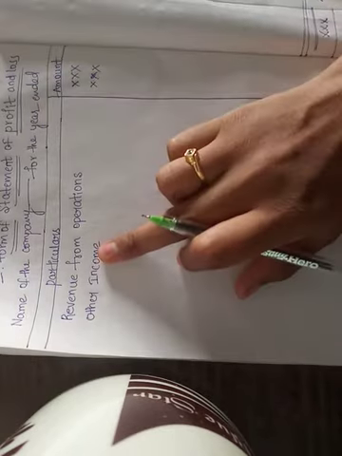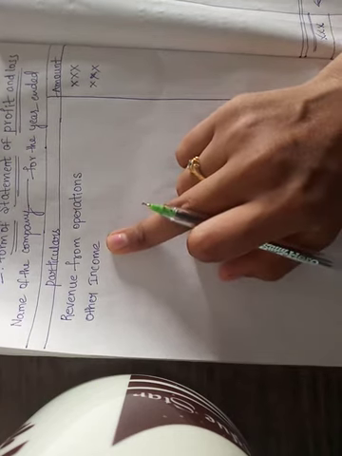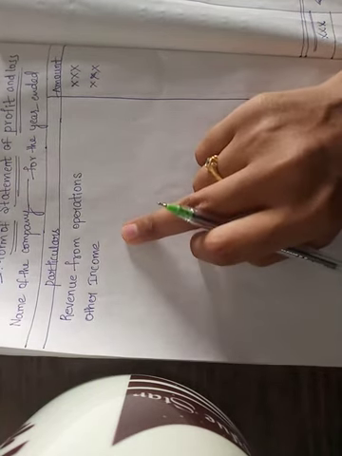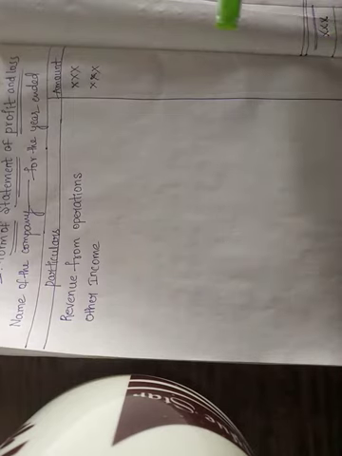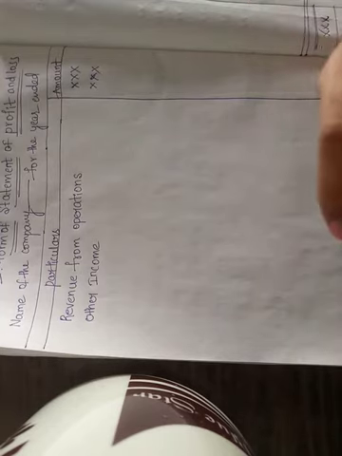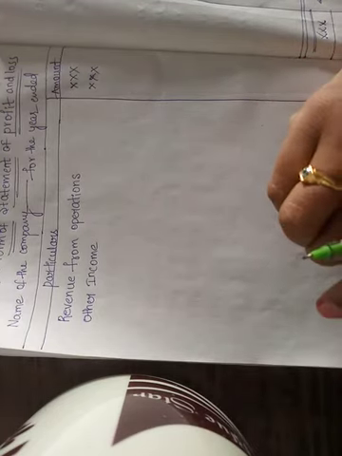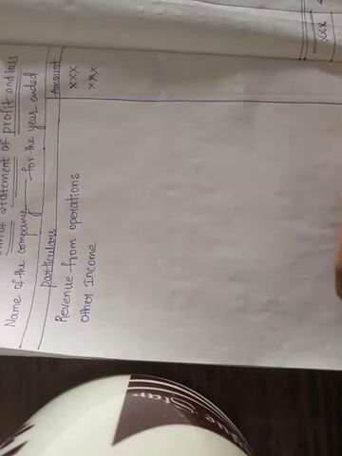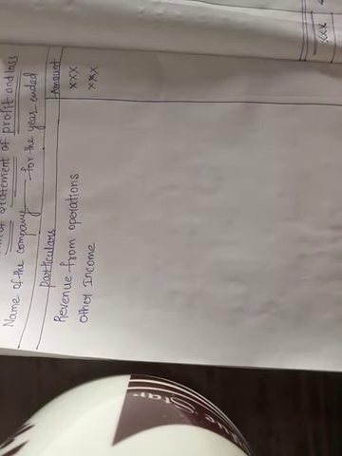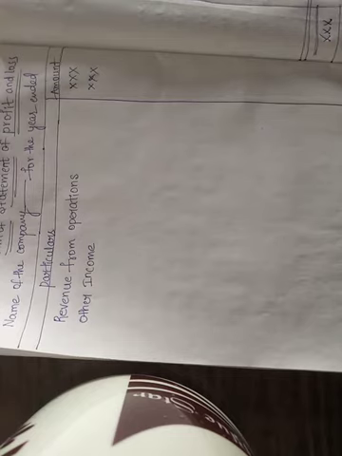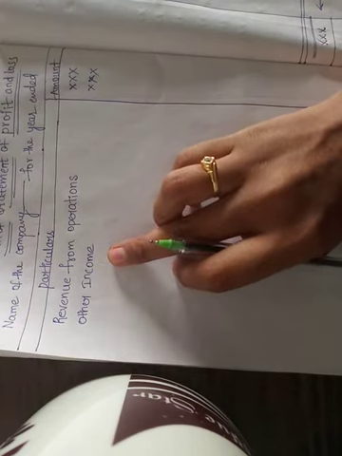Under other income come any interest and dividends. Suppose you give some amount of money to your friend in the form of a loan. The interest you receive on that is income to you. Interest and dividends, net gain or loss from sale of investments, commission received, discount received, all come under other income.